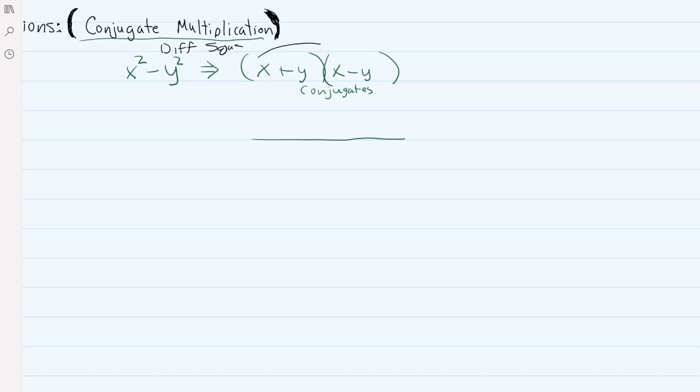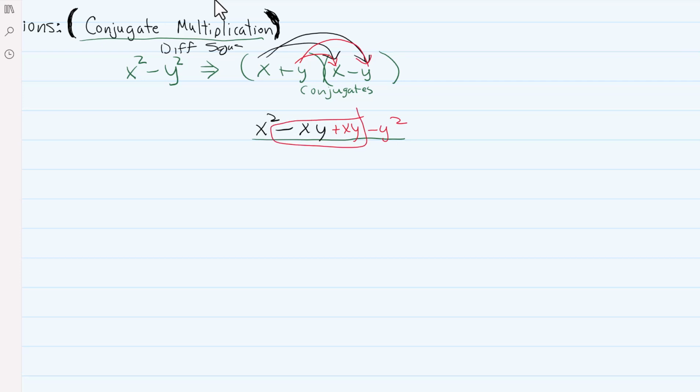And if you do the distributive or FOIL, x times x is x squared. This x times negative y is negative xy. Now, this y times this x is positive xy, and this y times this negative y is negative y squared. But look at what we have in the middle.